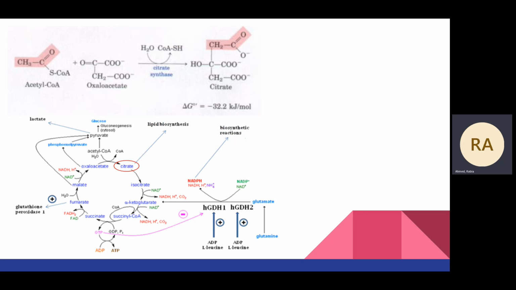So essentially we have to look at this. This is a simplified reaction: acetyl-CoA from the citric acid cycle plus oxaloacetate leads to citrate. Overall, we have to see citrate synthesis is here, the citrate is here, and it's required in the production of aspartate because it leads to the citric acid cycle.